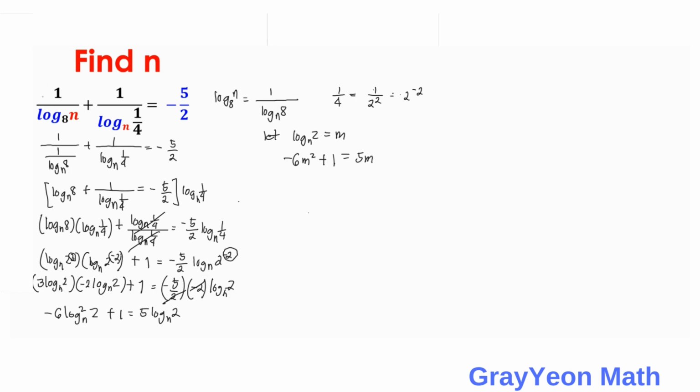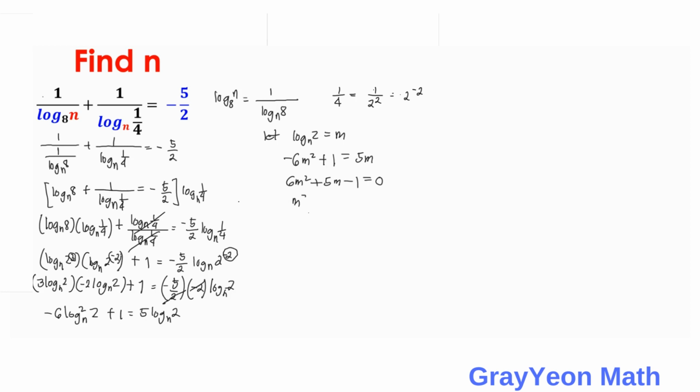So arranging these terms, we have 6m squared plus 5m minus 1 is equal to 0. This is a quadratic equation. We can solve this by factoring, but we need to multiply the first term and the third term, 6 and negative 1.